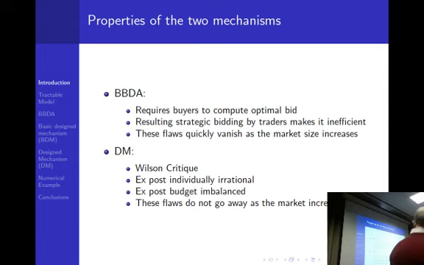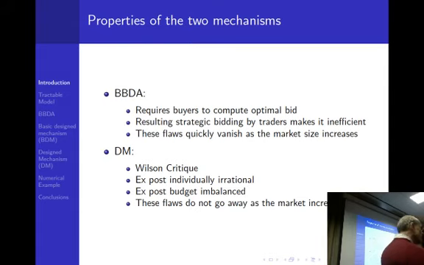And then the strategic bidding by traders ends up making it inefficient. There are some gains from trade that are not realized. But as the market size increases, pretty soon you might as well truthfully report, and that's almost optimal, and it becomes almost efficient. And all this happens very fast, the convergence.